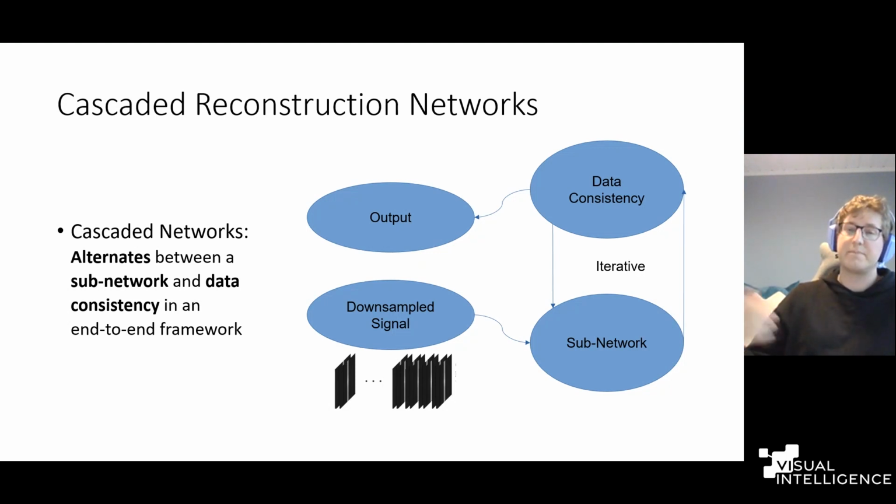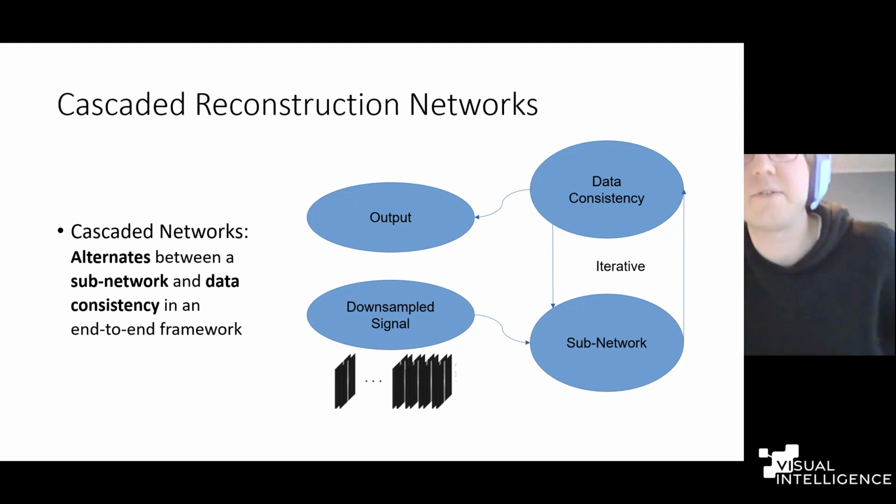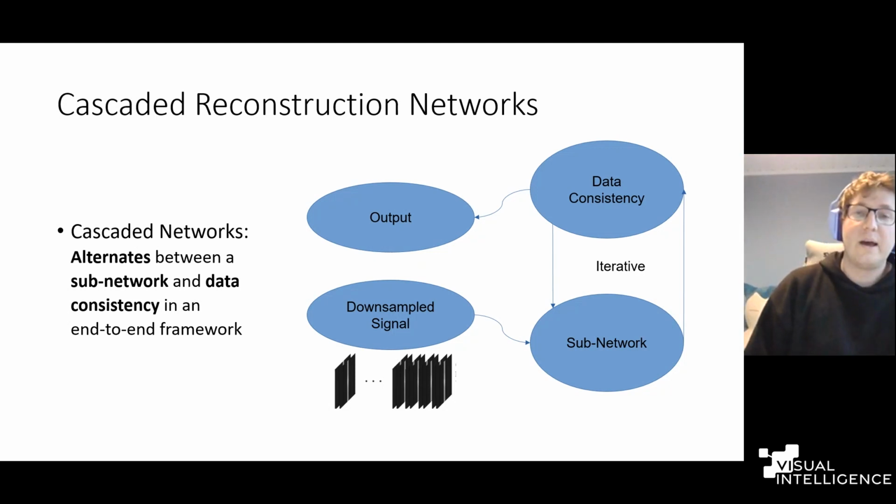Of course, you have to stop because you need to think about the reconstruction time itself, and then you output the image, the reconstruction. That's the general flow of how this kind of method works.